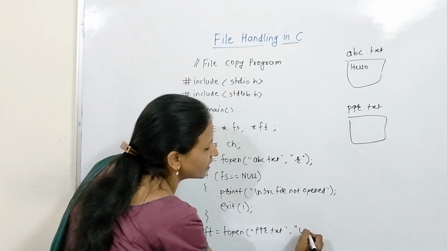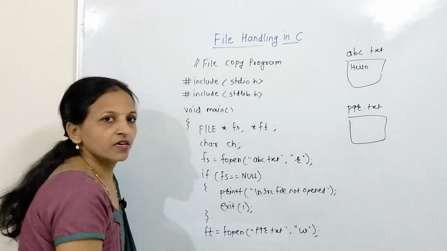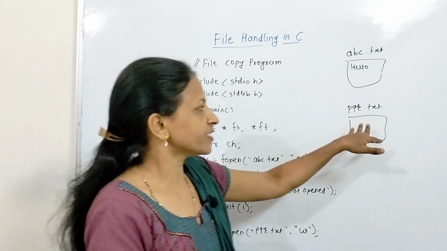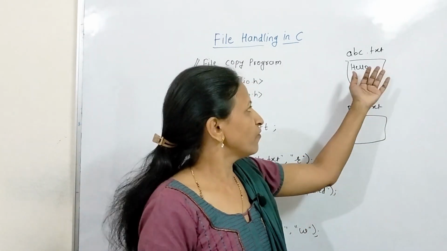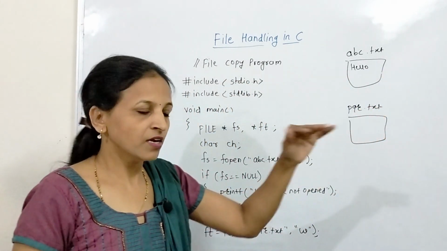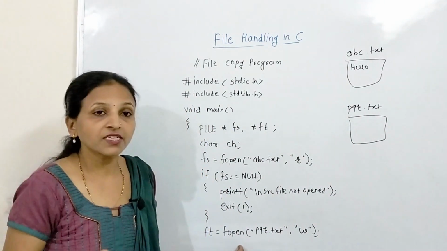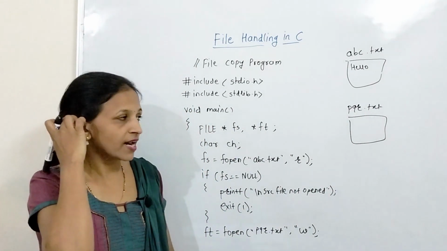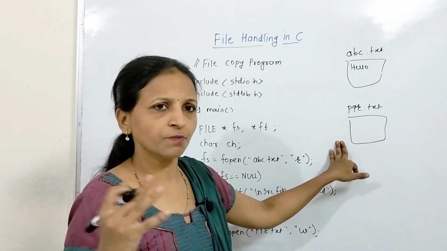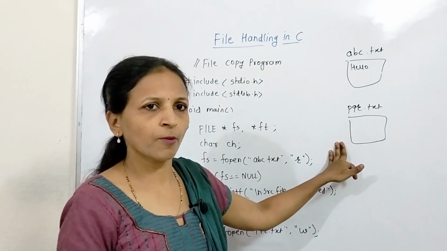In write mode we have to open this file. Getting? Because we want to write contents in this file and we want to read contents from the other file. Now whether this is successful or not, because in write mode the file may be present or not present, no problem will be there.